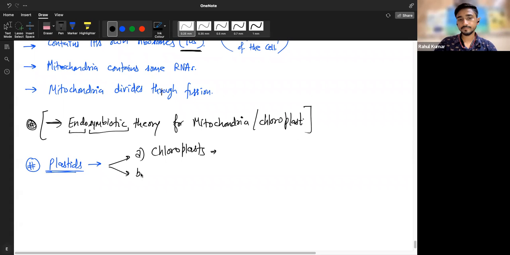Second one, they do not have chlorophyll, but other pigments like yellow, brown, xanthophyll, etc. They are called chromoplasts. The word chromo means color.